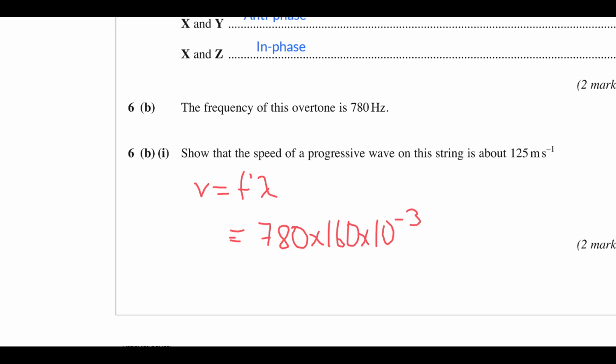When we calculate that, it comes out as a value of 124.8. The values we've got here are 3 sig figs and 3 sig figs, so we'd give an answer to 3 sig figs too. So that's 125 meters per second there.